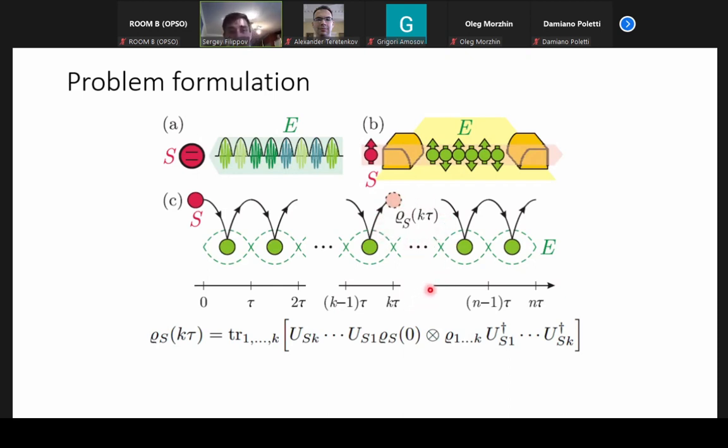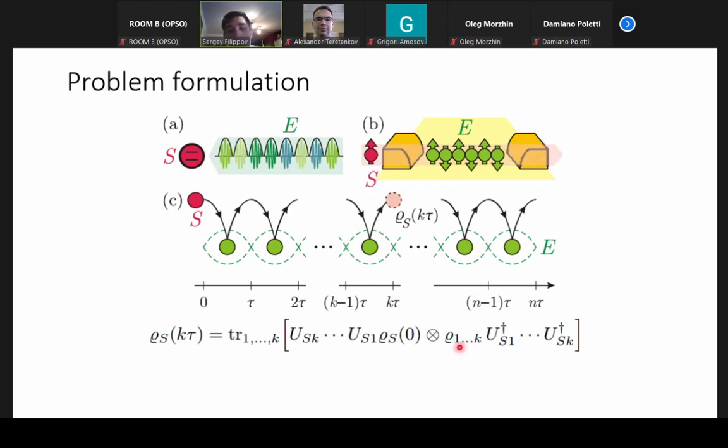So the computational problem is hard because the reduced density operator of k environmental modes or particles is given by a density operator rho, whose dimension scales exponentially with k.